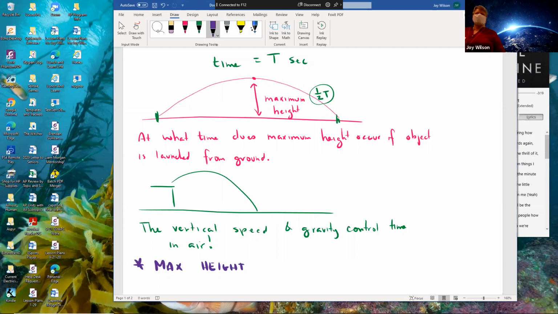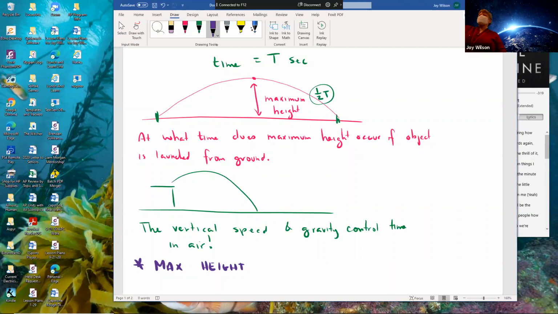Let's say the vertical part of the speed is 40 meters per second. What happens? I start at 40 meters per second up, then after 1 second, what's gravity's acceleration? Down 10.